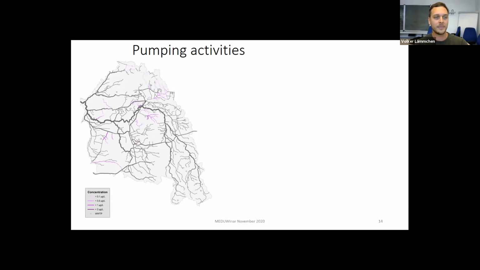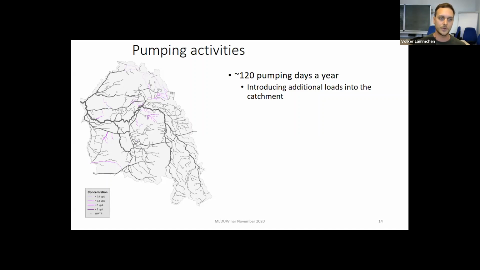So when looking at the catchment, you see on the left side a map. So we have 120 pumping days a year, and during these days, we introduce additional loads into the catchment. This means that additional load comes in through the Twente Canal, and then because of irrigation, we have a redistribution of emissions, which means that the stretches that are now colored in purple are additionally affected.